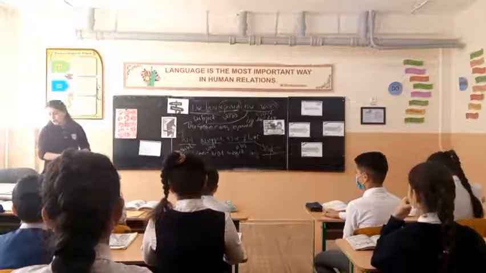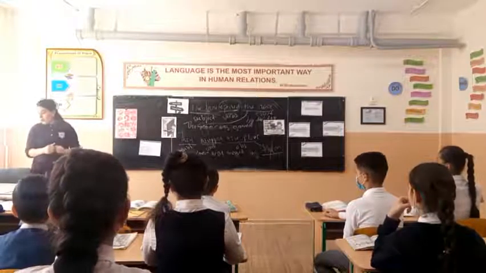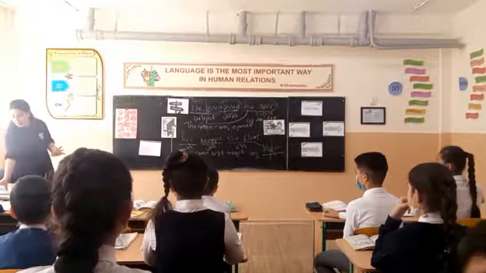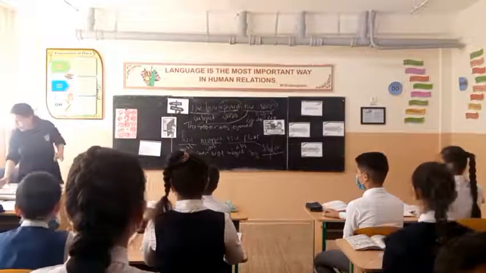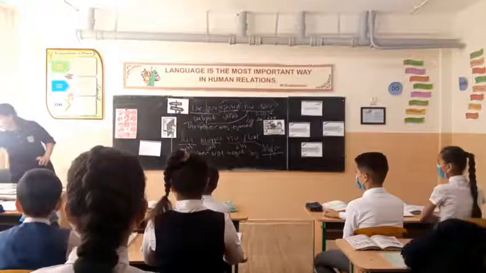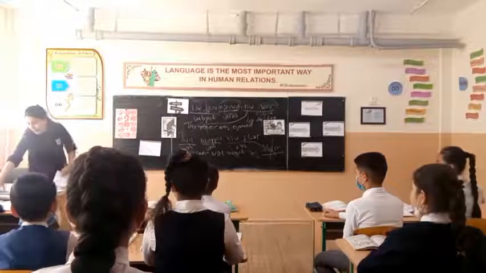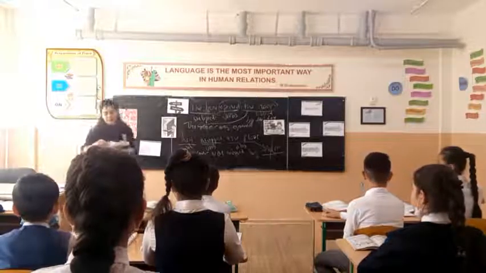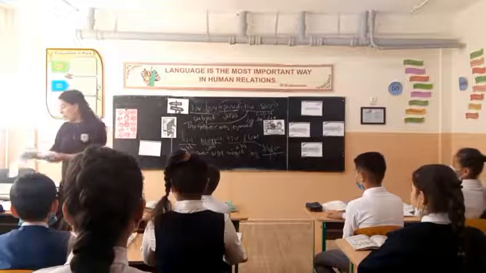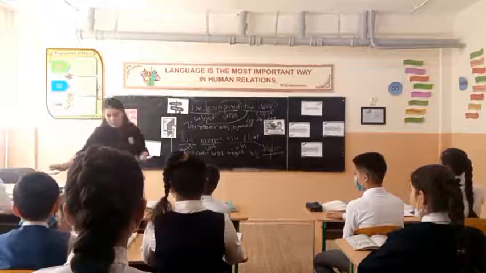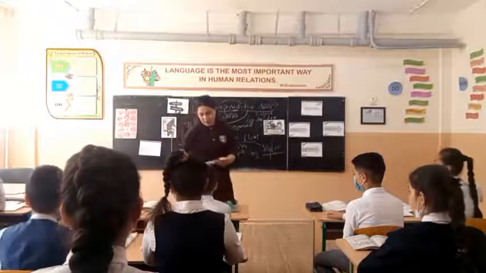What we can do. Now let's turn to some practice. First of all, you are given one task. Here, let me just distribute the sheet of paper to you. Take one and give. Take one and give.